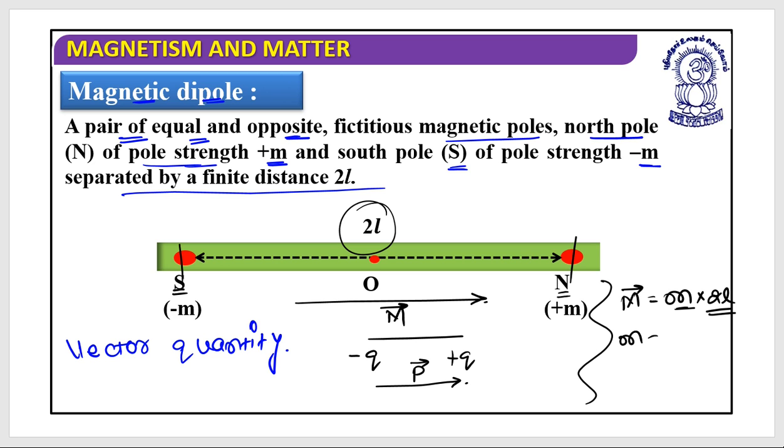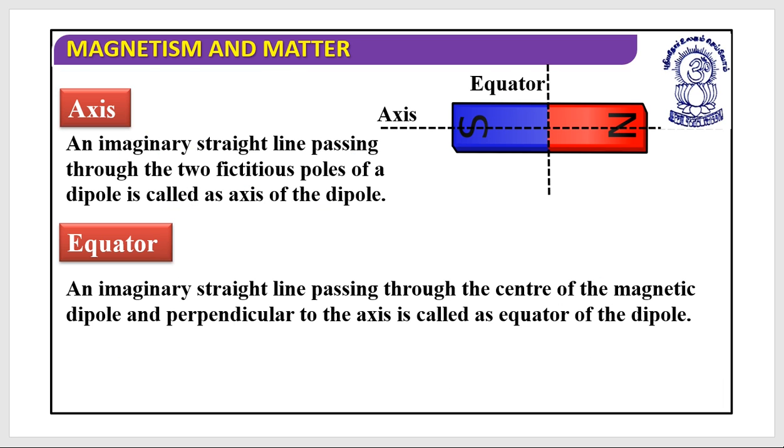It is m equals capital M divided by 2L. M was ampere into meter square, divided by length in meters. Thus we have derived the unit of pole strength, which is ampere into meter. Is it clear? Are you sure? Great.